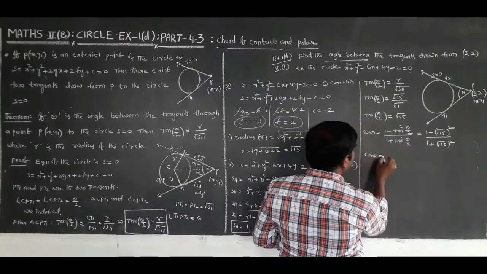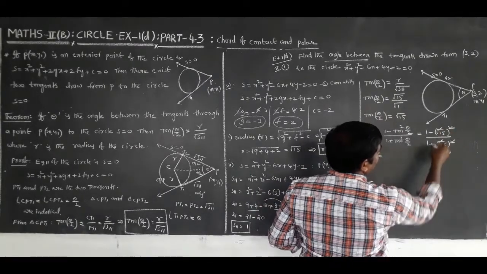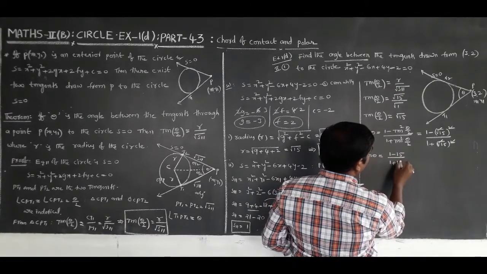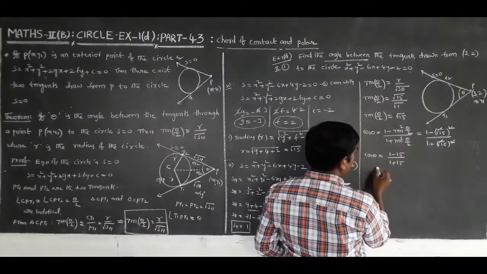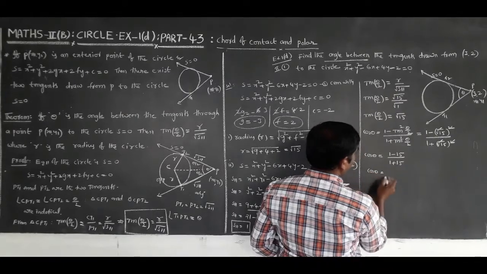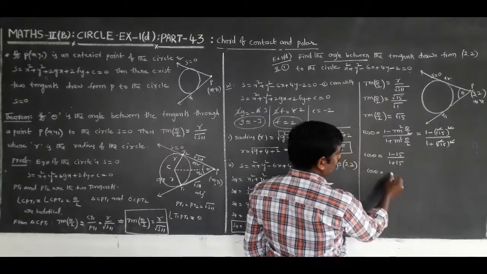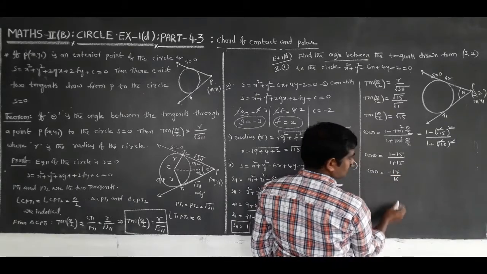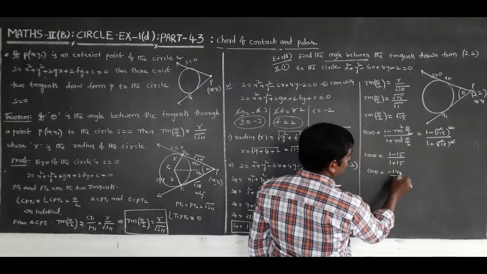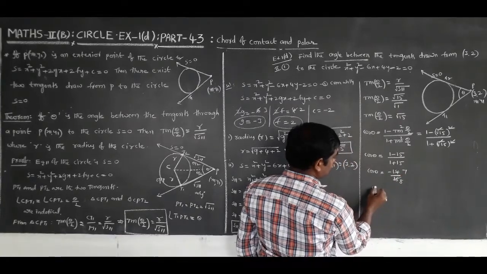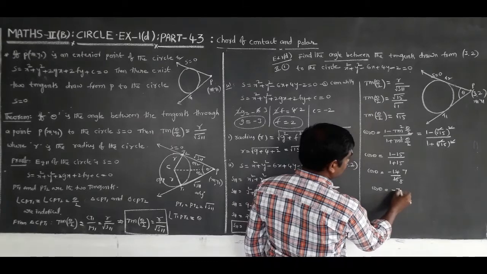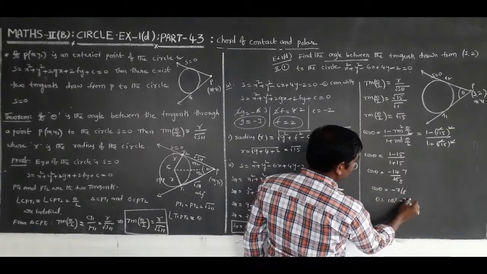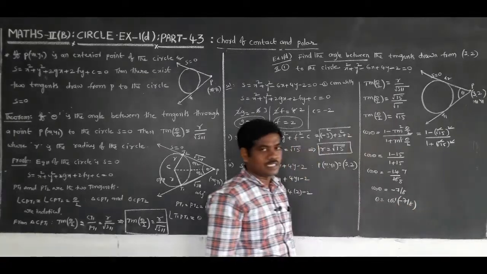The square root and square cancel, so cos theta is equal to 1 minus 15 divided by 1 plus 15, which is minus 14 by 16, that is minus 7 by 8. Theta is equal to cos inverse of minus 7 by 8.